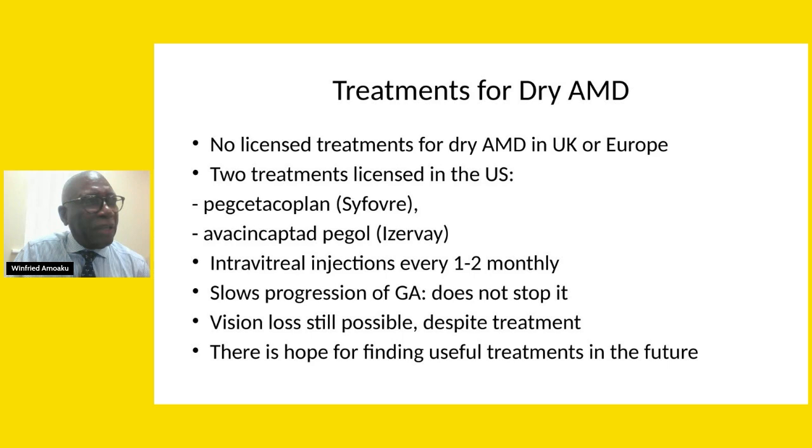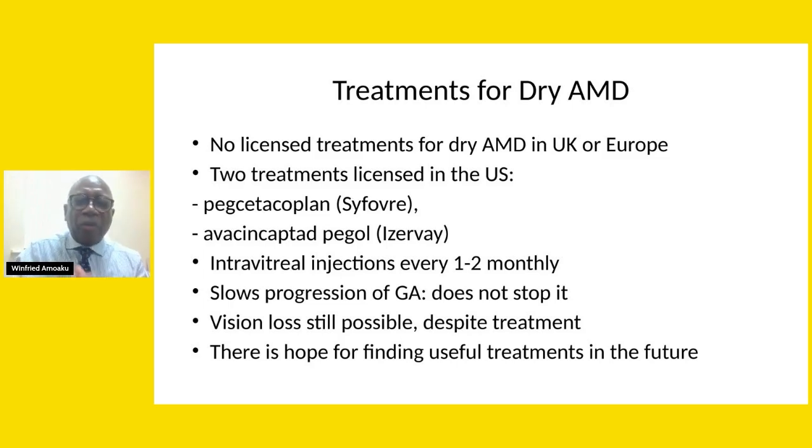We only have evidence for up to 3 years to date. Now, these treatments we know reduce the progression of geographic atrophy. It doesn't stop it. It reduces progression of geographic atrophy, or the dry form of AMD, by about 12 to 15% every year.